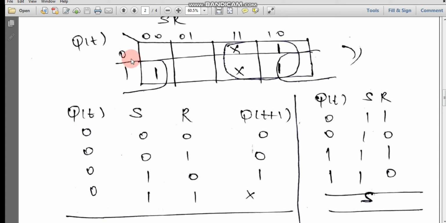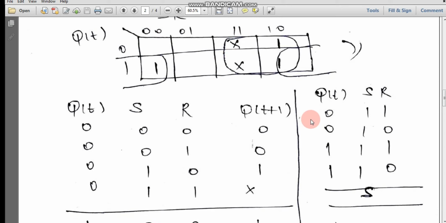So here 0 0 0, the value is 0, so I don't put anything here. Next is 0 0 1, so I don't put anything because the value is 0. Here 0 1 0, I put the value 1, for Q of t plus 1. And 0 1 1, I consider the cross also, that is Q of t is 0, S is 1, R is 1, I put a cross.